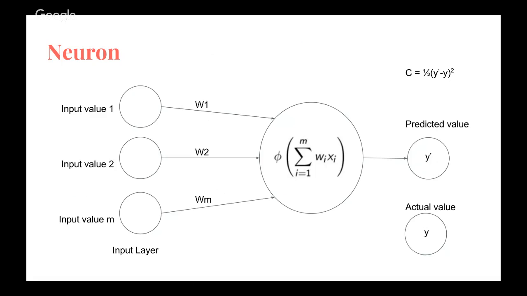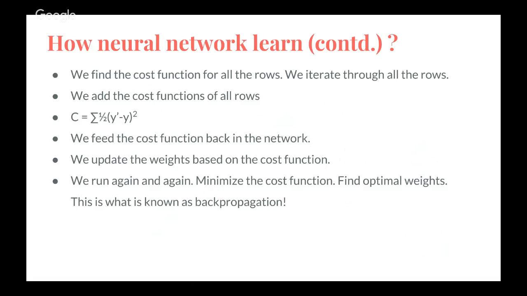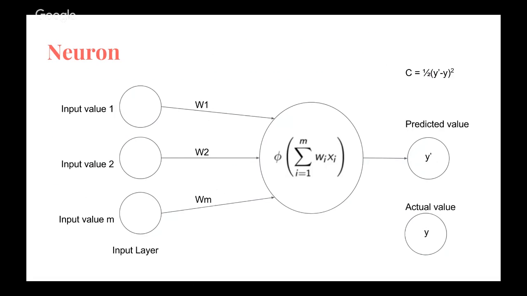Based on that error, I'll change the weights for each factor, for each signal, and give you another value. And then again, I'll find the error and I'll keep repeating it till I have the right values, or almost the right values for the weights. We do this again and again, and we just minimize the error. That's what training a neural network involves.